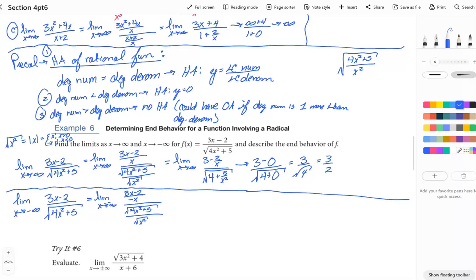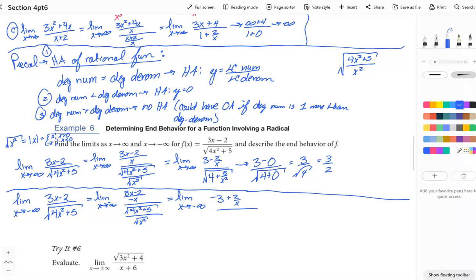If we head to negative infinity, so coming down here, the limit as x approaches negative infinity: I have 3x over negative x, which is a negative 3. Negative 2 over negative x is a positive 2 over x.